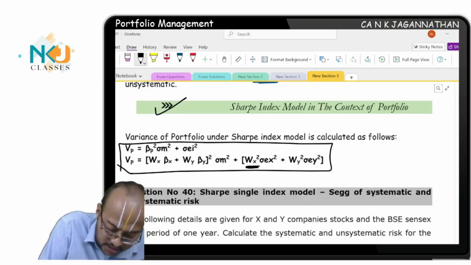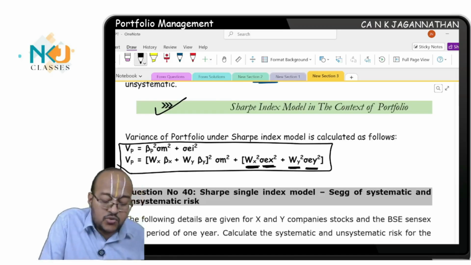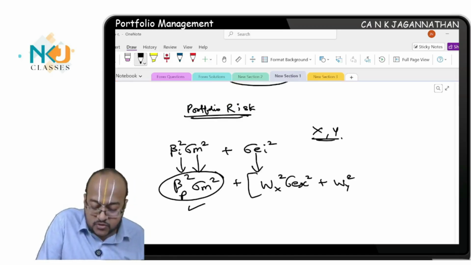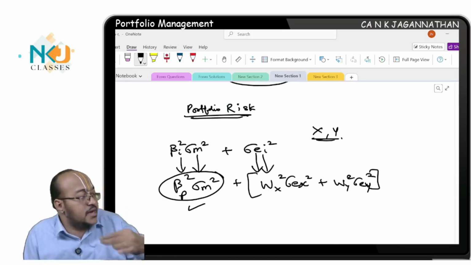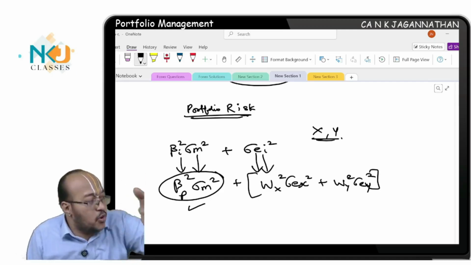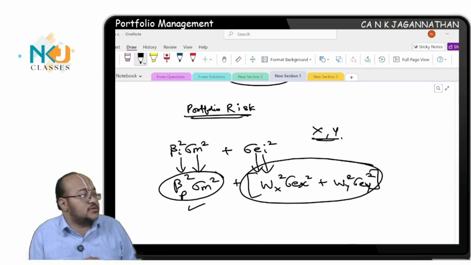Weight of X square into sigma EX square, plus weight of Y square into sigma EY square. Listening? This is nothing but the elaboration of sigma EP square. The error term of the portfolio is nothing but the weighted average error of the individual securities inside the portfolio.